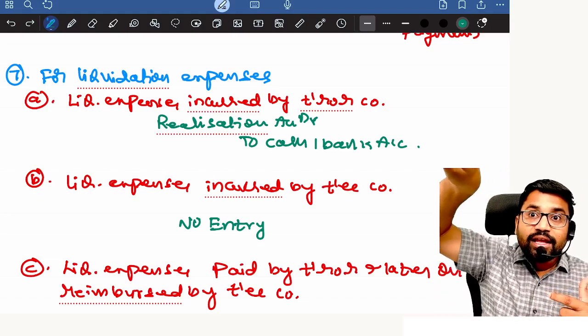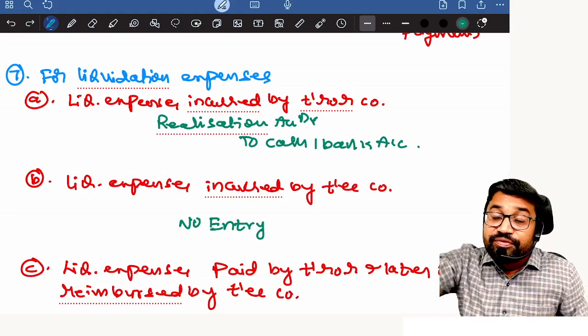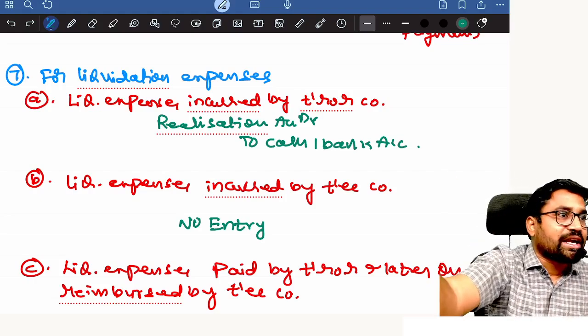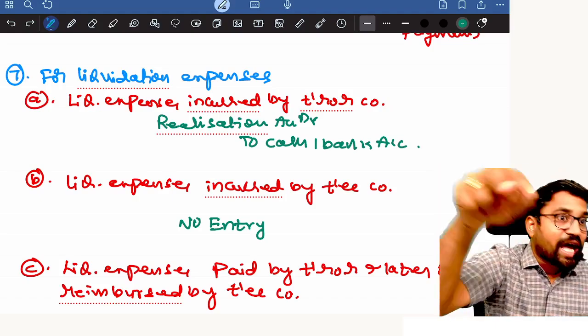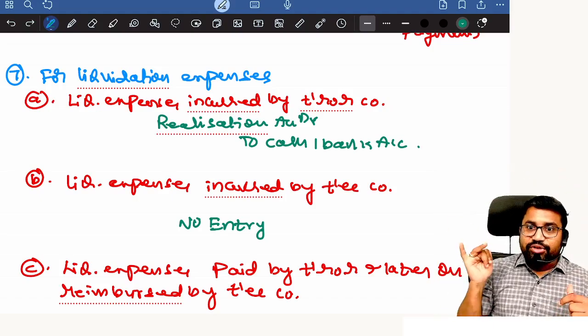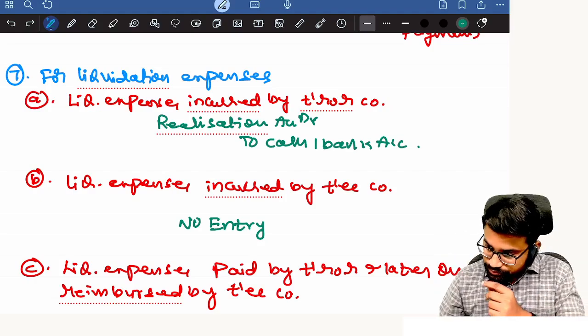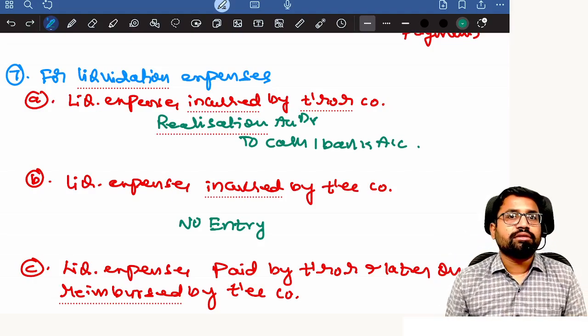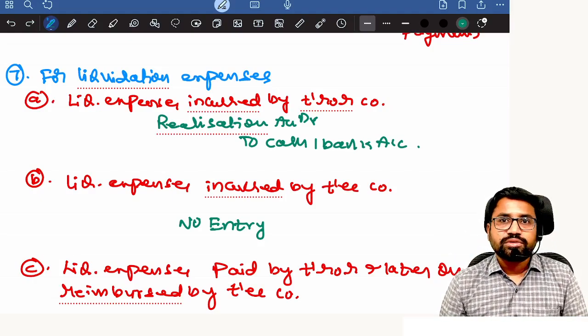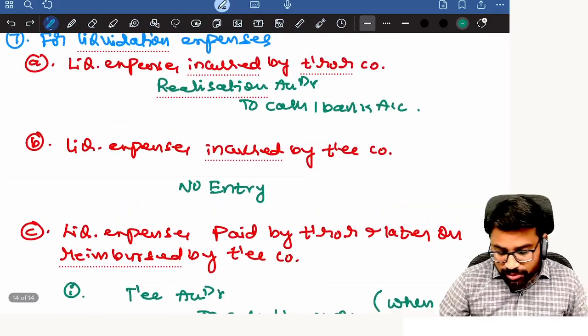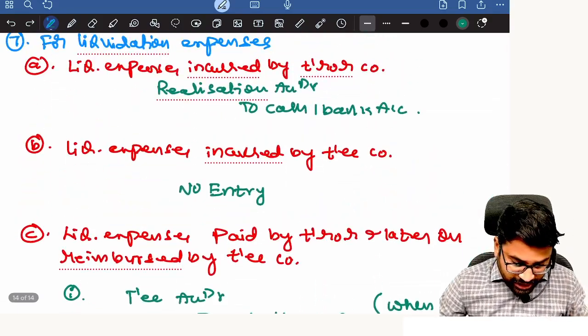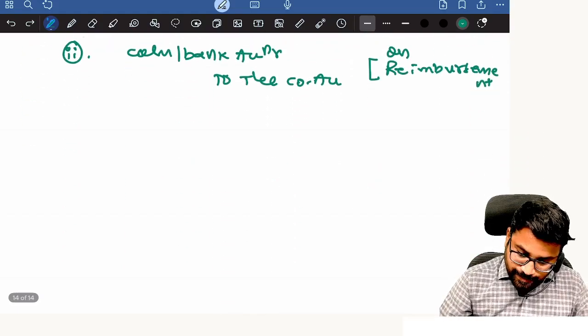Reimbursed by? In that situation, first when they actually paid, what entry will they write? Transferee to cash or bank. When they actually received the amount? How many of you understood? Raise your hand. Any doubts? No, that's it. So from now onwards you should not get any confusion regarding liquidation expenses.